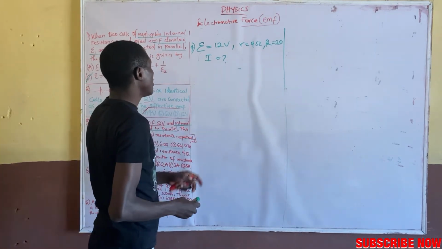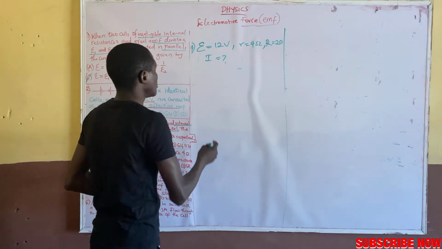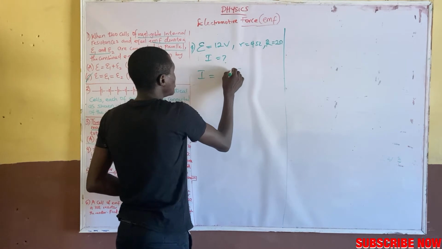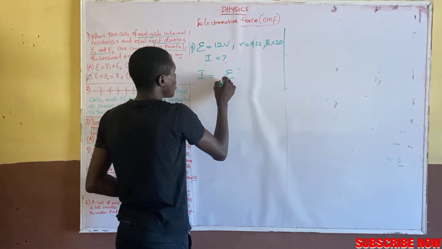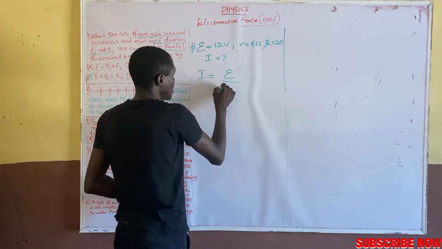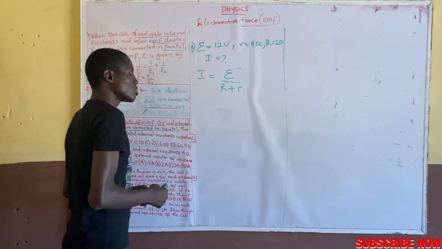So to obtain the current I of the circuit, I is equal to EMF E all over R, the external resistor, plus the internal resistor, small letter r.